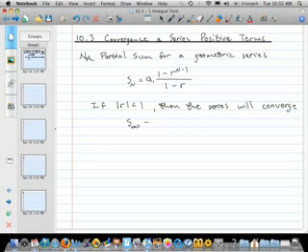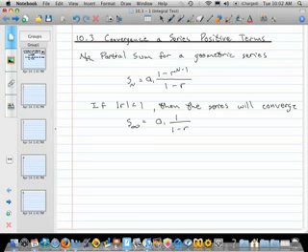I don't know if that's good notation, but S sub infinity equals a sub 1 times 1 over 1 minus r. Okay, so that's what we did last time.